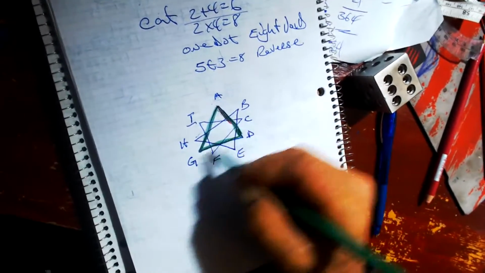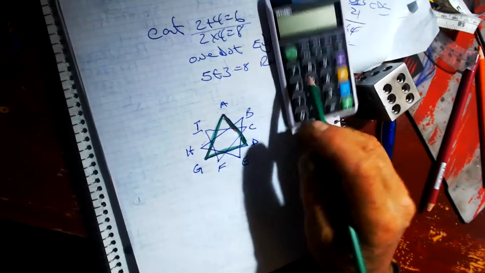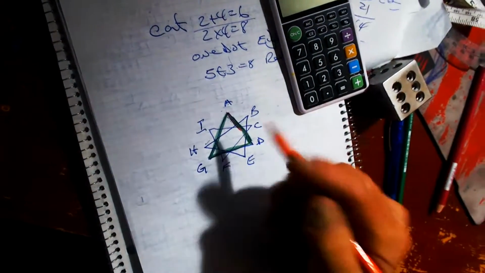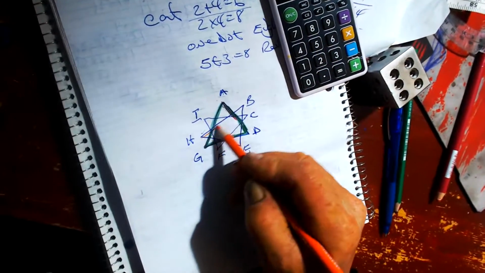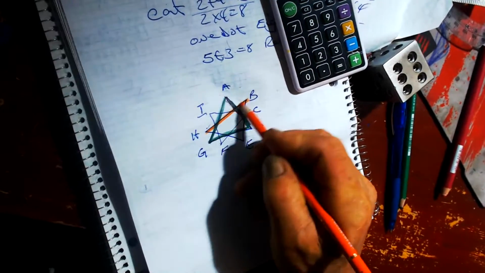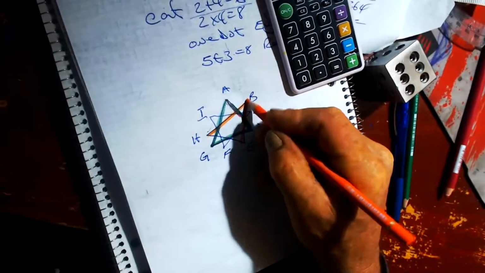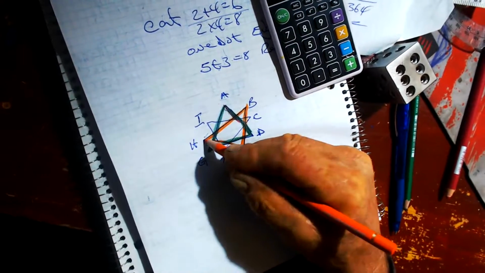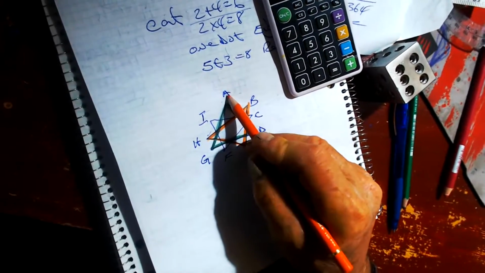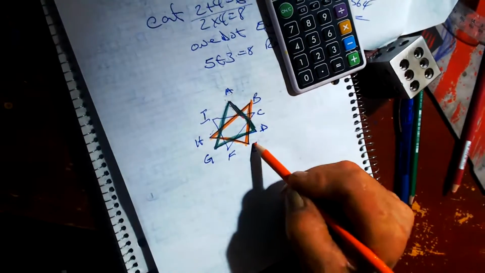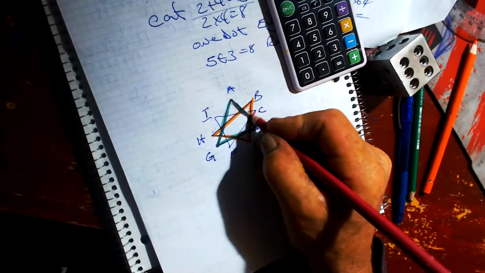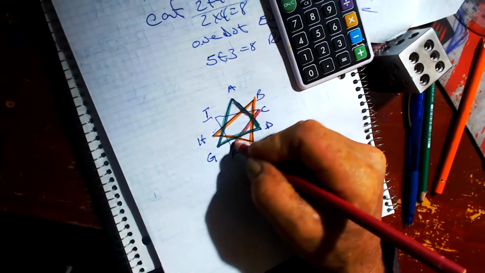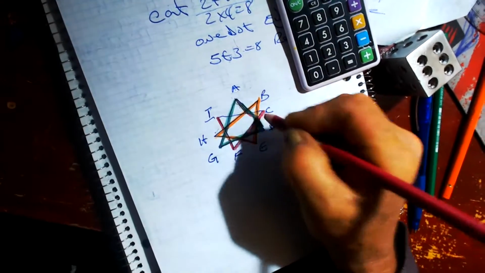See, this is ADG. This is Tesla's contraption. See, this is BEH. Look, it's this one, skip to this one, skip to this one. So the last one is CFI.